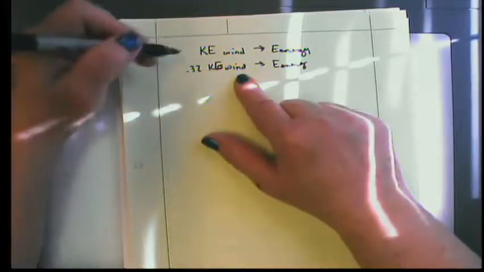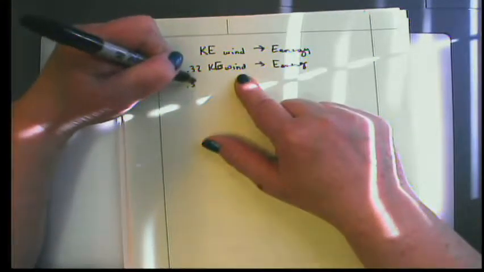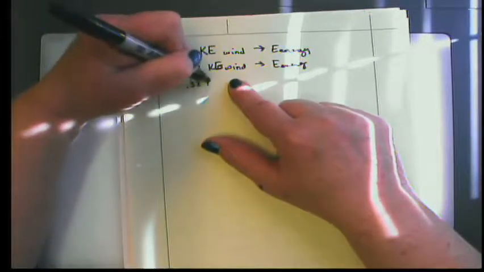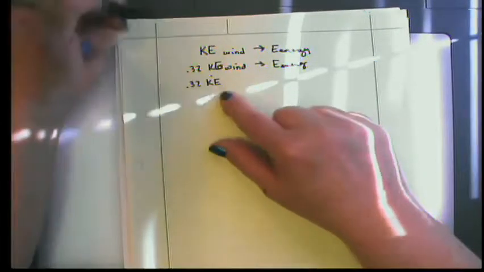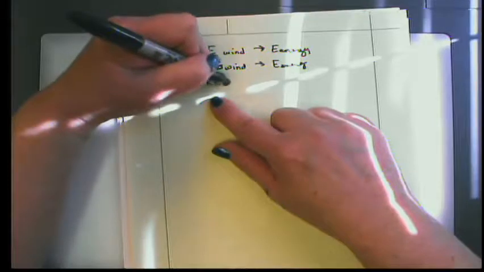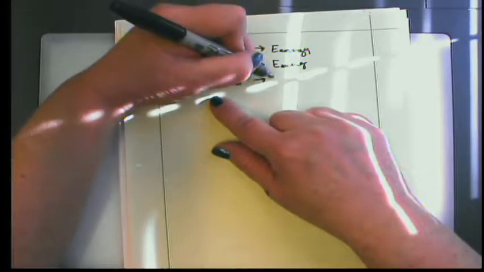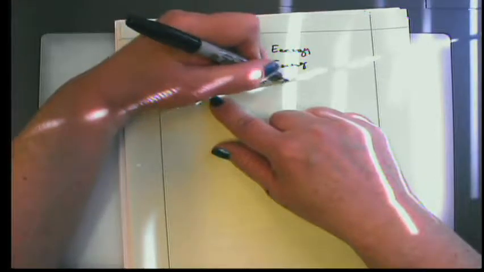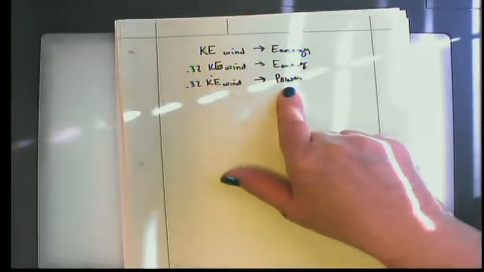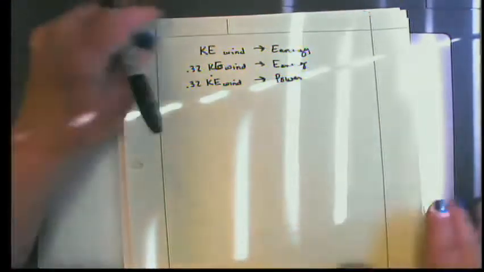And since we're talking about rates, we can say the same thing about power. We can say KE dot, or the rate of kinetic energy, is going to equate to the power that we're going to be able to derive from our turbine.